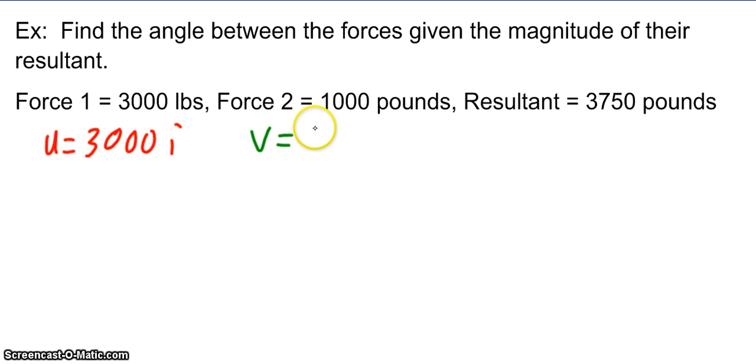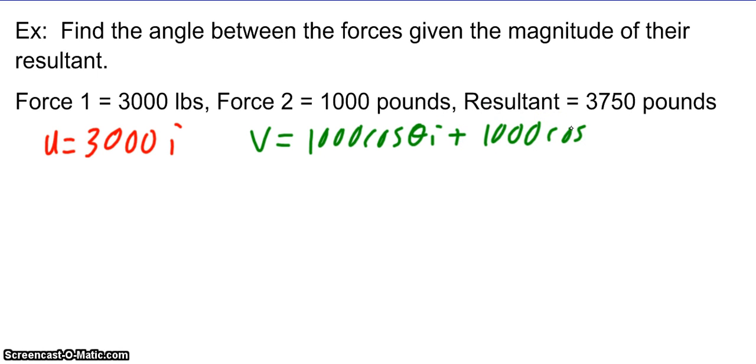is going to be 1000 cosine of theta i plus 1000 sine of theta j.